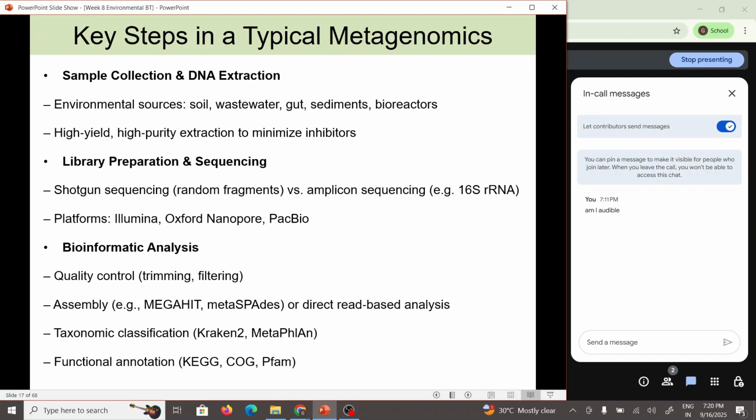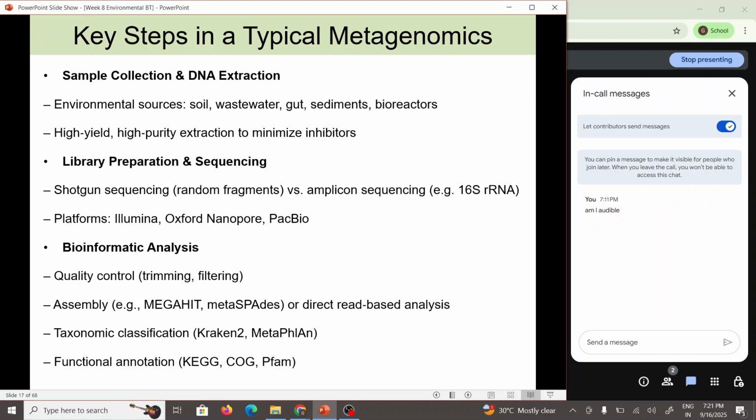So based on the conserved regions, we can design primers and go for PCR to amplify the 16S rRNA genes, and then sequence the entire thing. After amplification, we can sequence the entire thing, and based on the variable regions, we can find out to which taxa the organism belongs. So we can either go for shotgun sequencing, or we can go for amplicon sequencing.